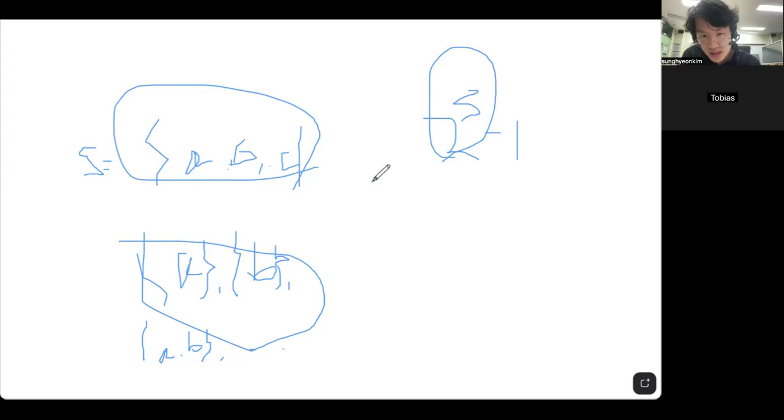But in case we didn't select a, b, or c, it will be the empty subset. So we will remove it. And so in this case, there will be 7 cases of subsets that can exist. So we can say the power set has 7 elements.